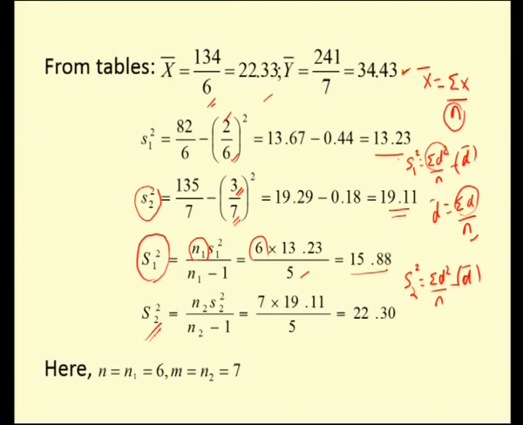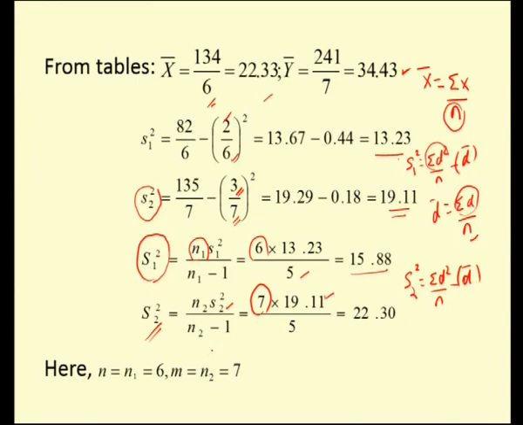As before, find out the sample variances with respect to the population. So it becomes n2 S2 squared divided by n2 minus 1. Here for the second sample, your n2 is 7. You have already found S2 squared, the sample variance, which is 19.11. So substitute here.